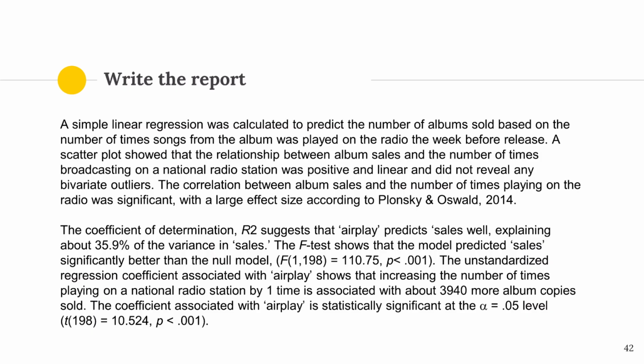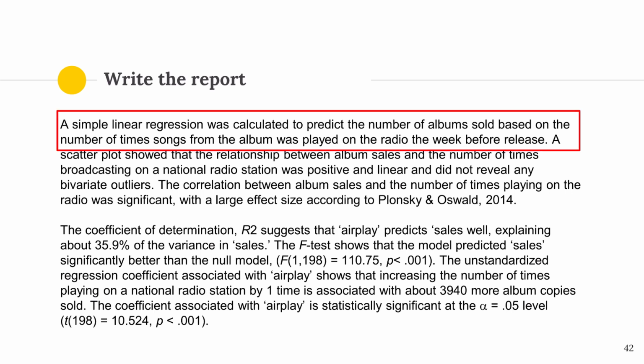Although there is no universal format for reporting regression, one can write a report like this. However, please remember this is just an example. We firstly may describe that we used simple regression to predict album sales based on the number of times songs in the album are played on the radio the week before release.